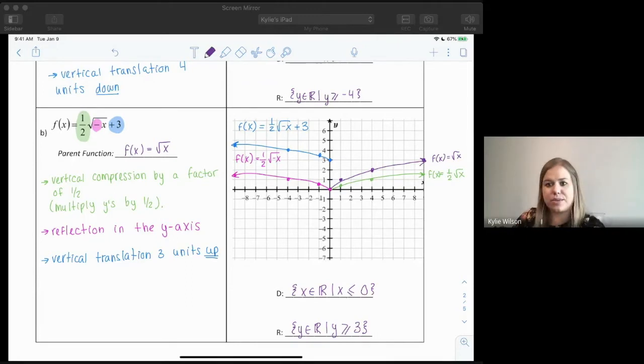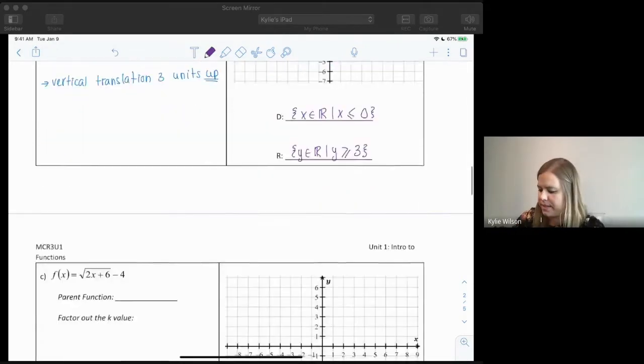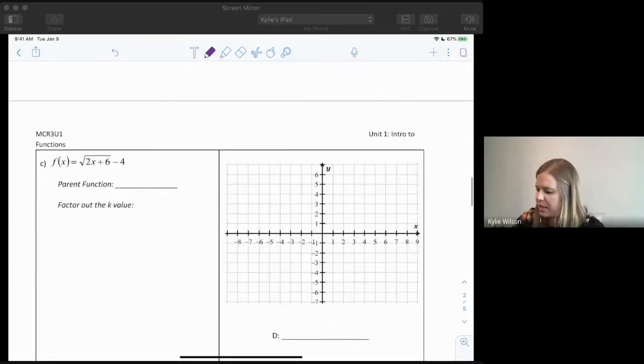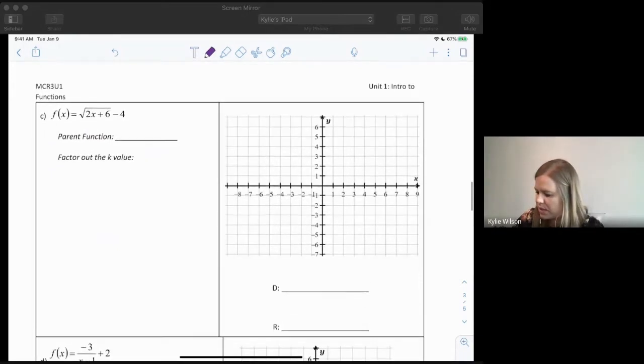Okay, let's do another one. Actually, I will do this one because it has a k in it. The first thing we want to do is identify our parent function. Because I have a square root living here, my parent function is the square root function.